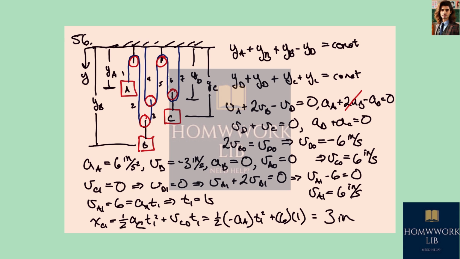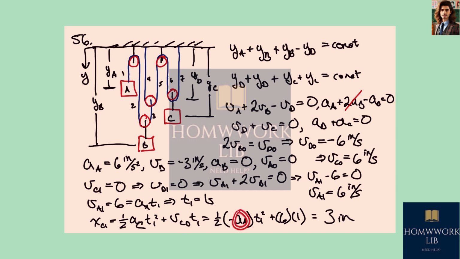And the velocity constraint for the second cable tells us that VC naught, the initial velocity of this weight, is 6 inches per second, so 6 inches per second down. So we know everything in here now.